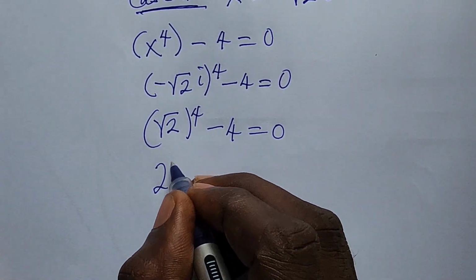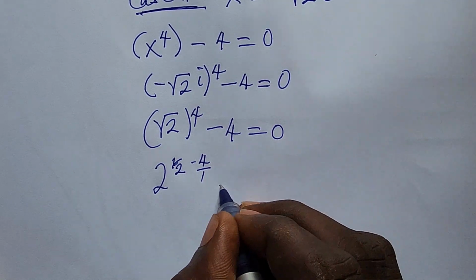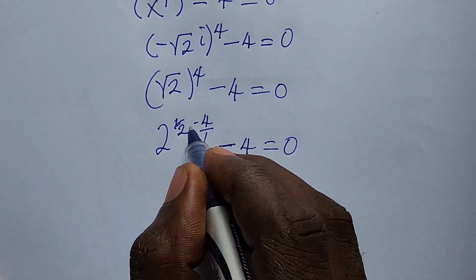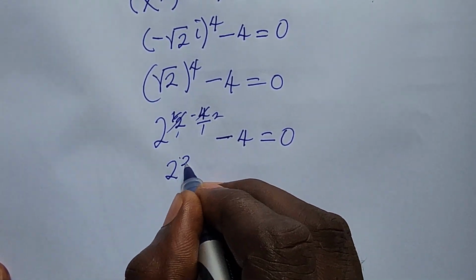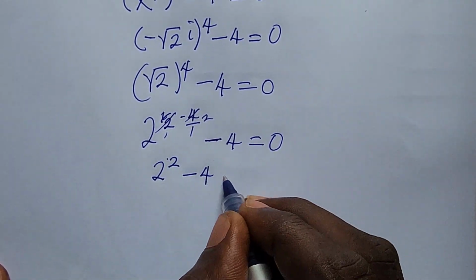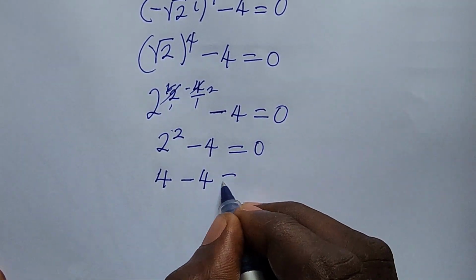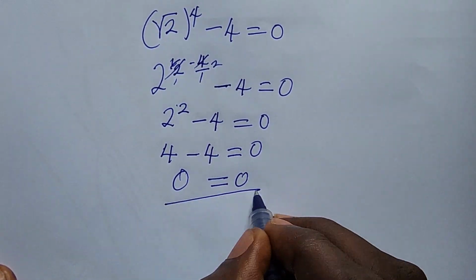So again, we have 2 to the power of 1 all over 2 times 4 all over 1 minus 4 equal to 0. So we end up with 1 here, 2 here. So we're going to have 2 to the power of 2 minus 4 equal to 0. So we have 4 minus 4 equal to 0. So 0 equal to 0.